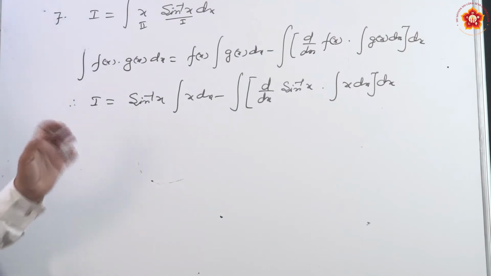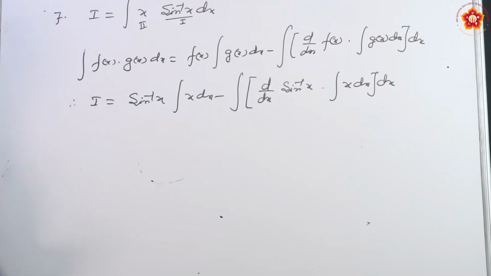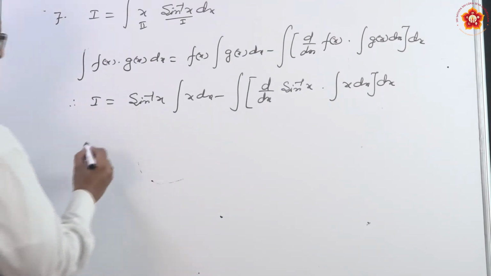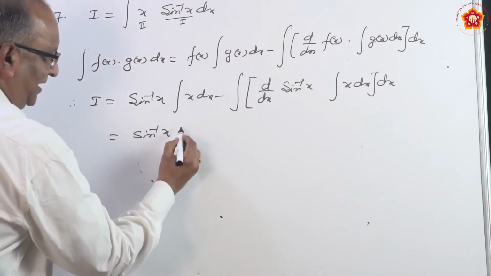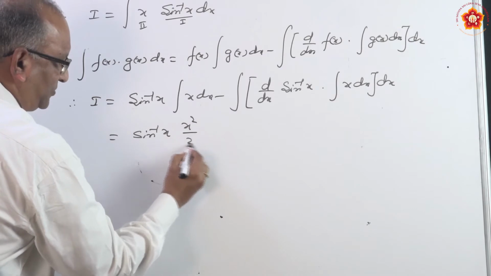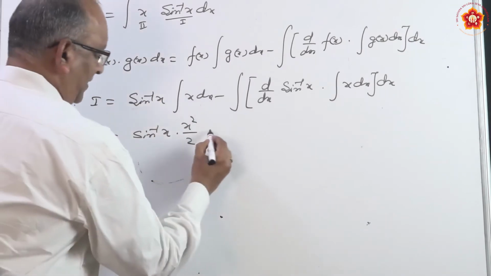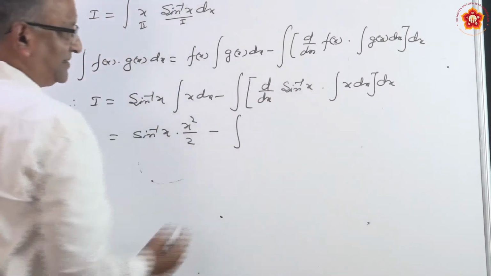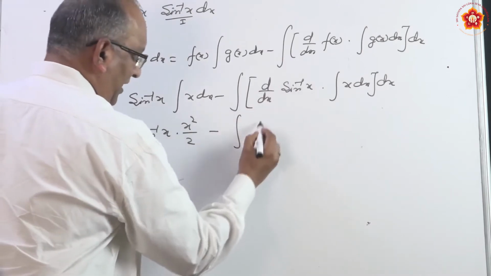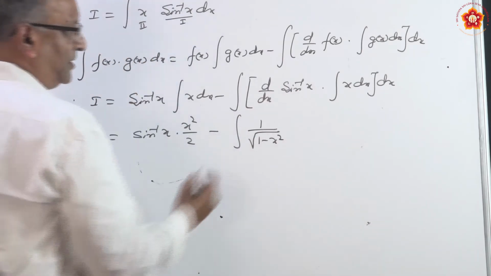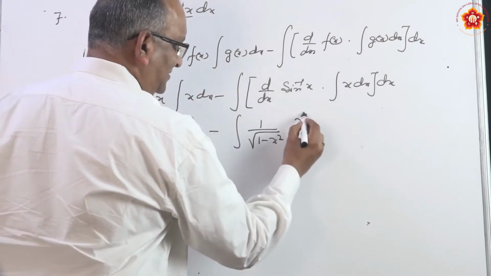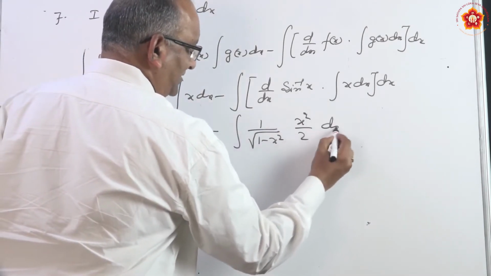Now perform the required operations. What are the operations to be performed? This is sine inverse x, integral of x is x square by 2 minus integral of d dx of sine inverse x, it is a formula 1 upon under root of 1 minus x square, and integral of x is x square by 2 dx.